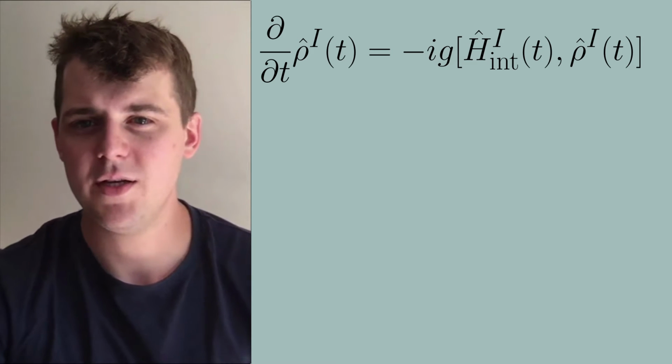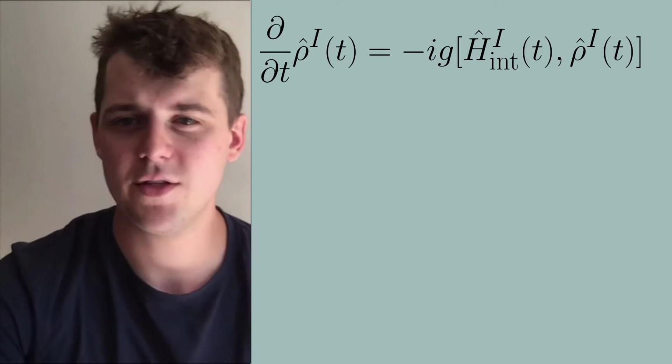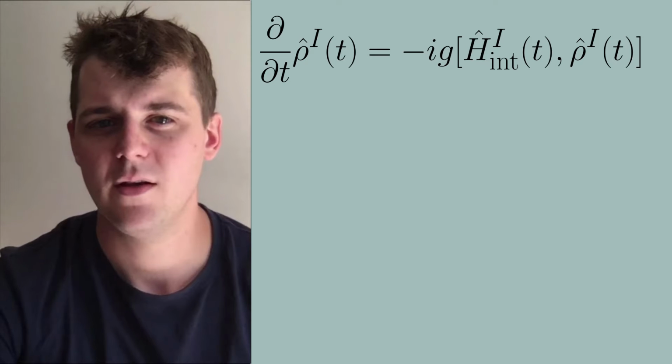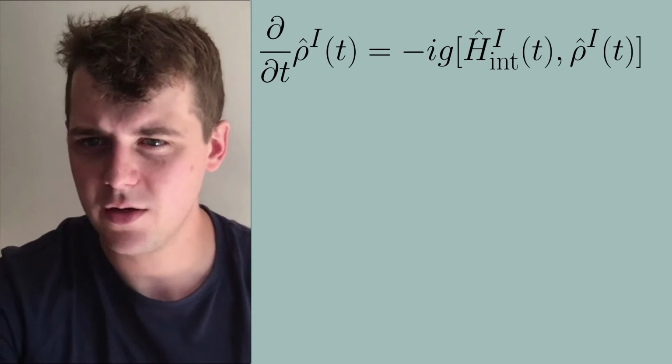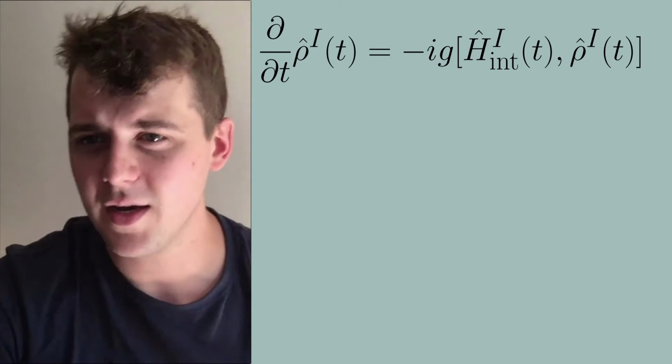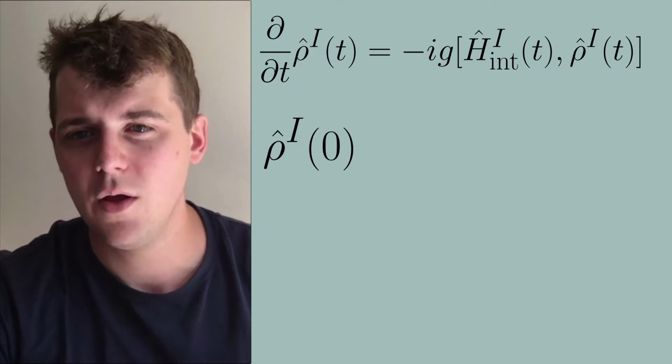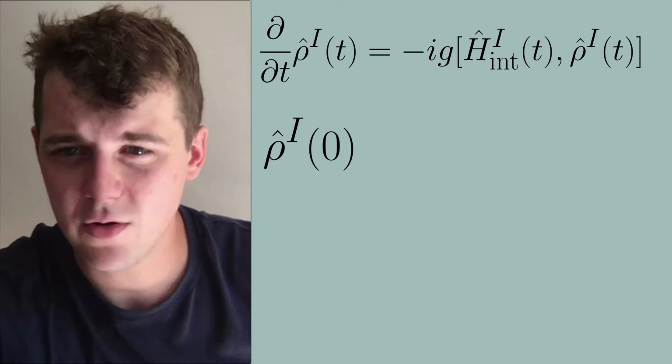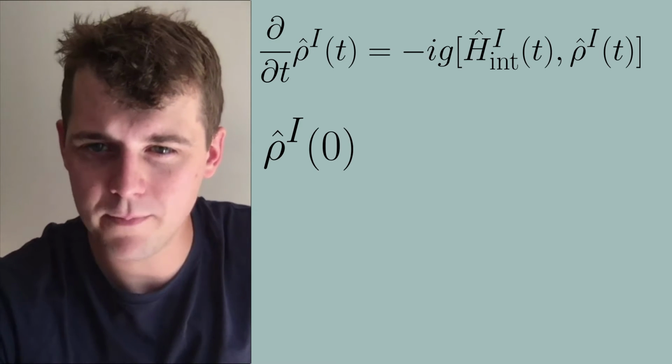So what we're going to do is try and solve this in perturbation theory. If we assume that we start with some initial state at time t equals 0, where rho I evaluated at 0, there's a way in which we can write this von Neumann equation in an integral form.